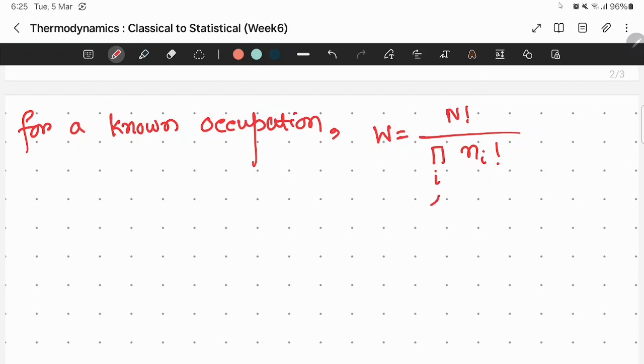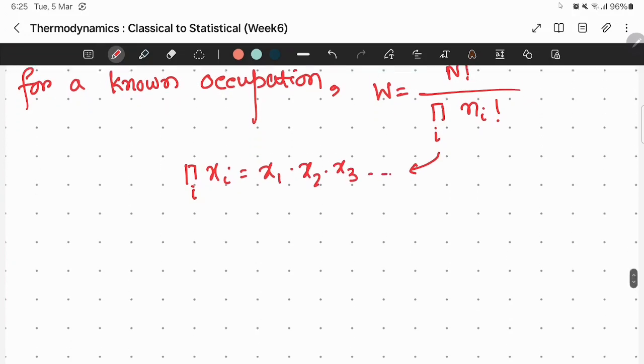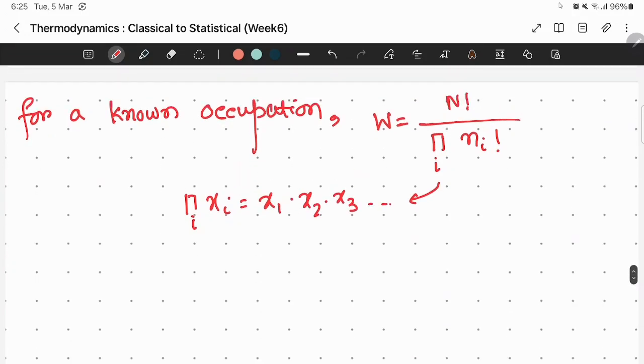What does it mean? This means that, like this. Okay, so this formula we know, but this is for the Maxwell-Boltzmann particle.